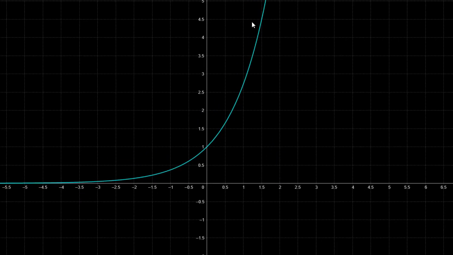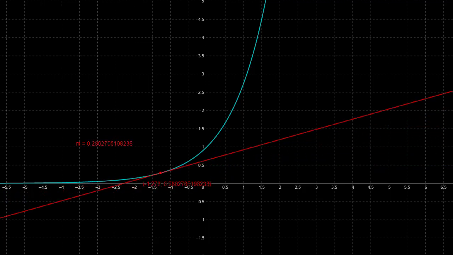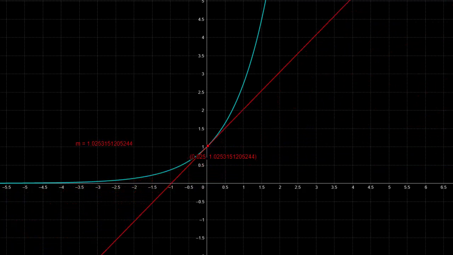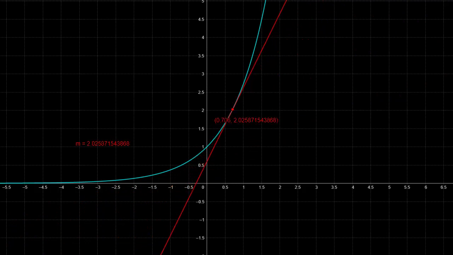here's a graph of e to the x. If we start looking at the tangent line at various points, here I have the point with its y-coordinate, which comes from e to the x. And now here's the slope of the tangent line, which you'll see is exactly the same as the y value. In fact, as we move this along, you'll see at pretty much every step that we go, we're getting the exact same slope.